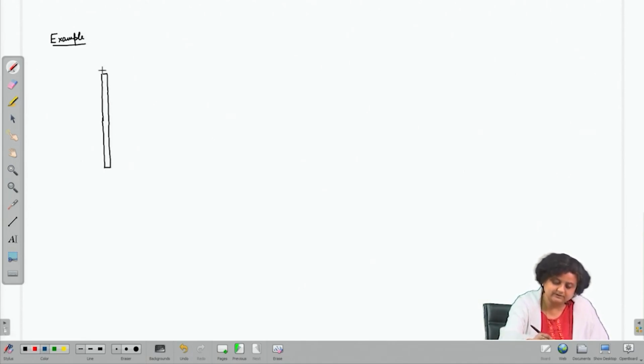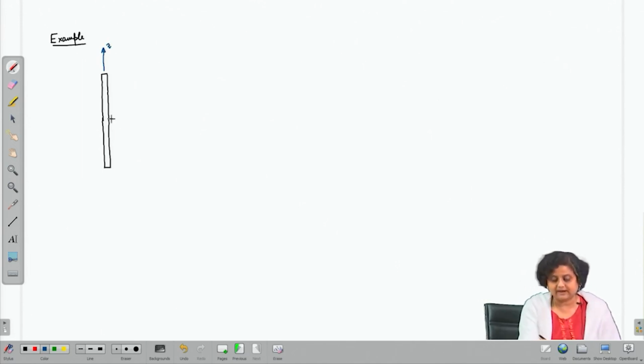So this is the z axis. So this is no longer the cross section of the shaft. Please remember that this is not the cross section of the shaft. This is x, this is y. So this is the torsional moment Mt.